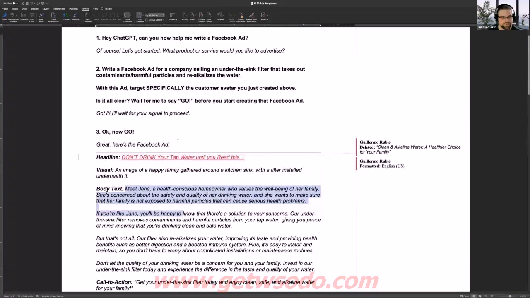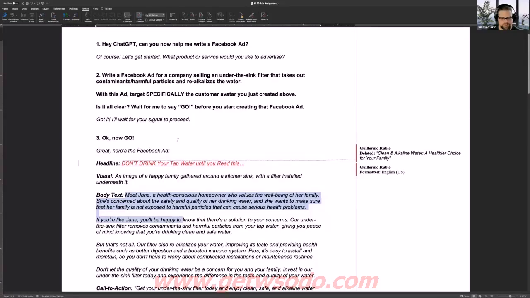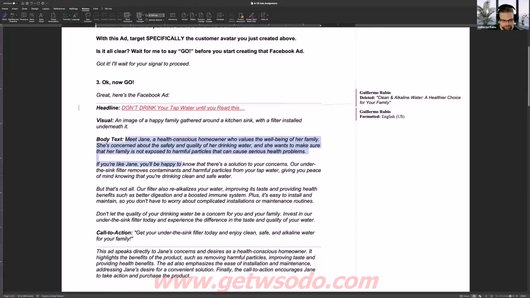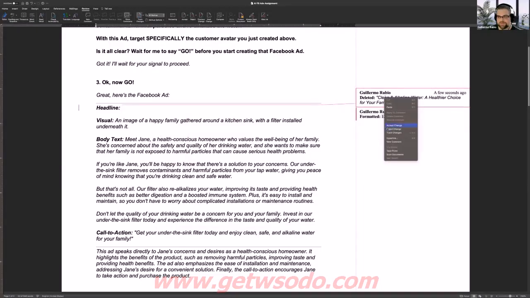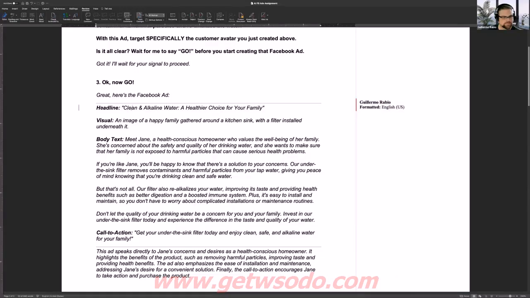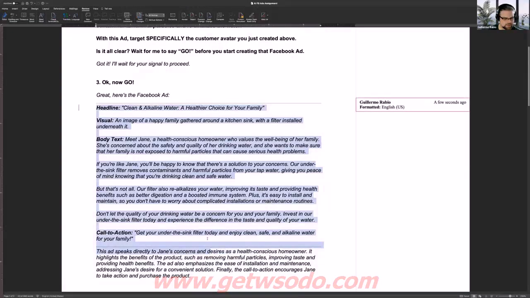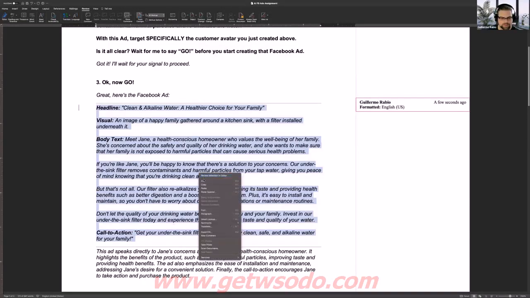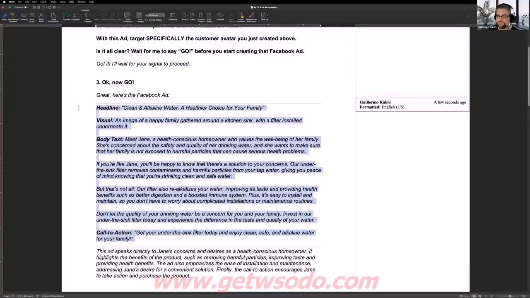And so in which case I would have made ChatGPT be like, okay, that's wonderful, ChatGPT, but I'd like you to rewrite the ad using a problem solution or problem agitate solution framework. So let's try that. Let's just show you how I do that. So reject change. Let me just reject that change. So let's take this. Let me copy it. So let's hop into ChatGPT.